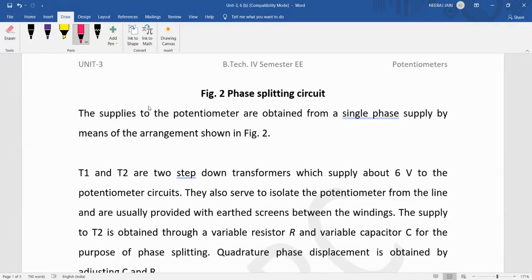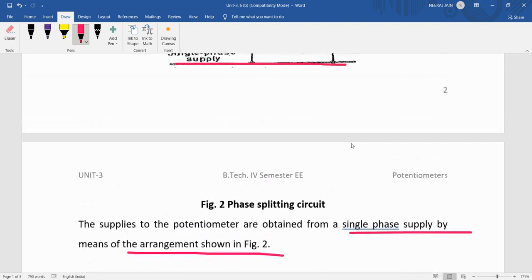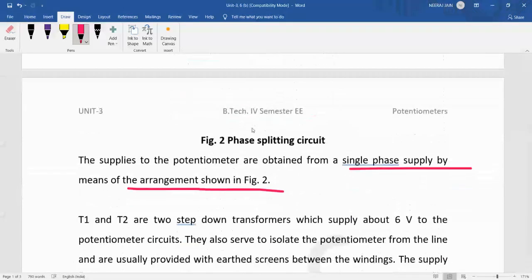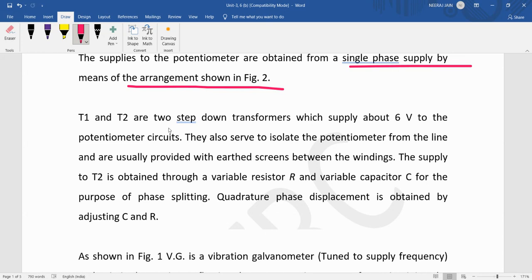Now the supply to the potentiometer is obtained from a single phase supply by means of the arrangement shown in the figure. T1 and T2 are two step down transformers which give a 6 volt supply to the potentiometer circuit.